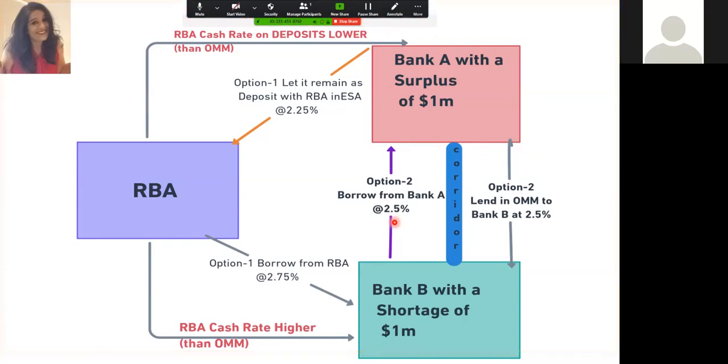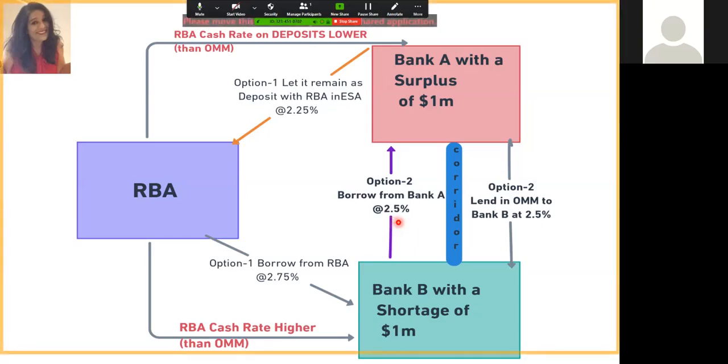So this is typically what happens in the real money market, and therefore the interest rate corridor gets set in, and the interest would now hover around, if I have to put it, the range between 2.25 to 2.75. So what's the range? 2.25 to 2.75.